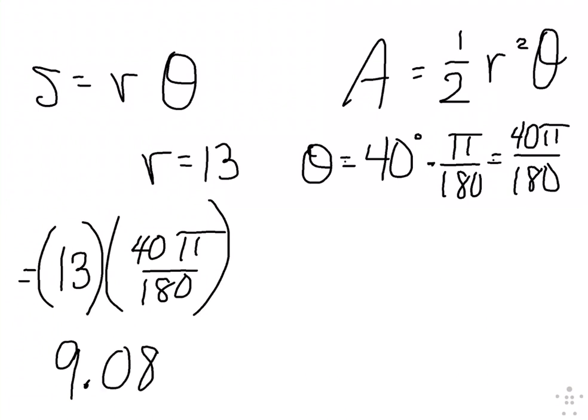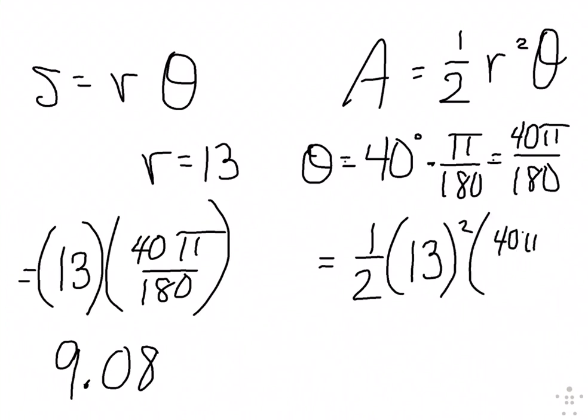All I did was type it in as it looks. Same thing with the area: 1/2 times 13 squared times 40 pi over 180. Type it all in. See what comes out. What'd you get?